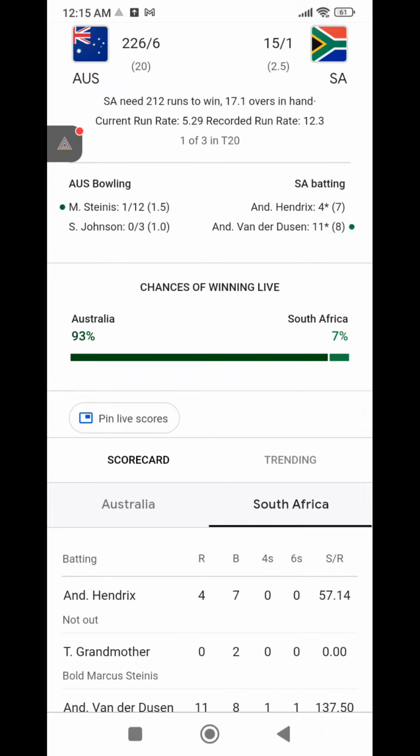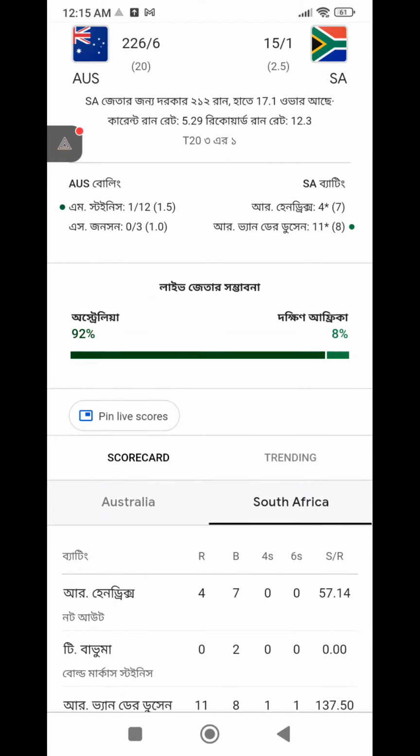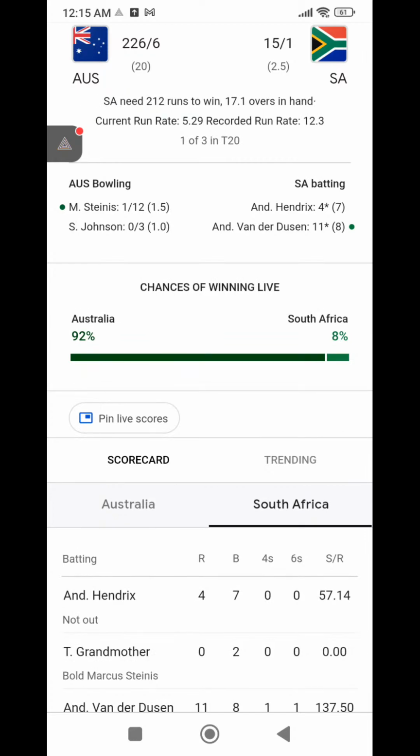South Africa need 212 runs to win this match, 17.1 overs in hand. Current run rate is 5.29 and the required run rate is 12.3.